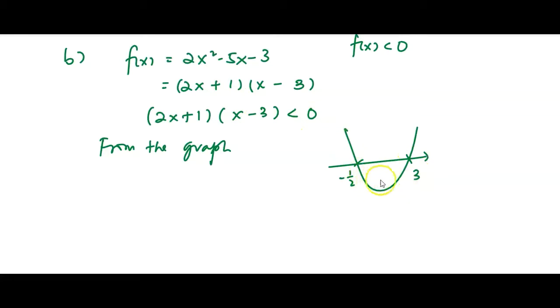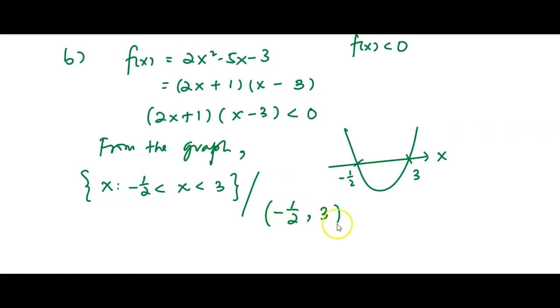We focus on the graph below the x-axis, meaning that the graph exists in between -1/2 and 3. So my answer is x is in between -1/2 and 3, and you can always write your answer in set form. Or you might give your answer in interval form, that is (-1/2, 3).